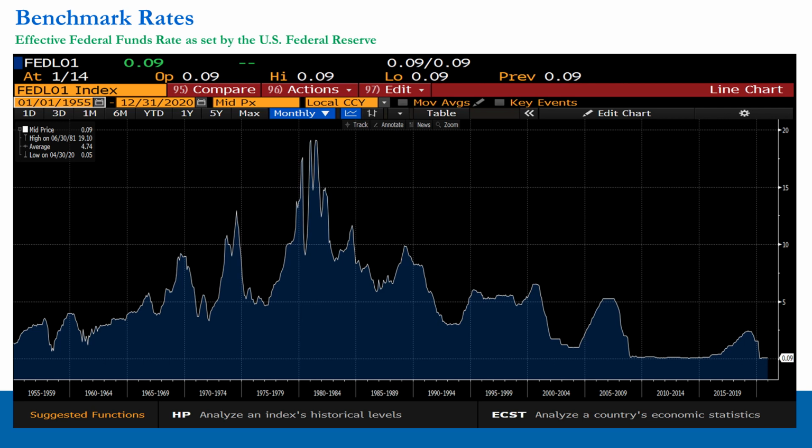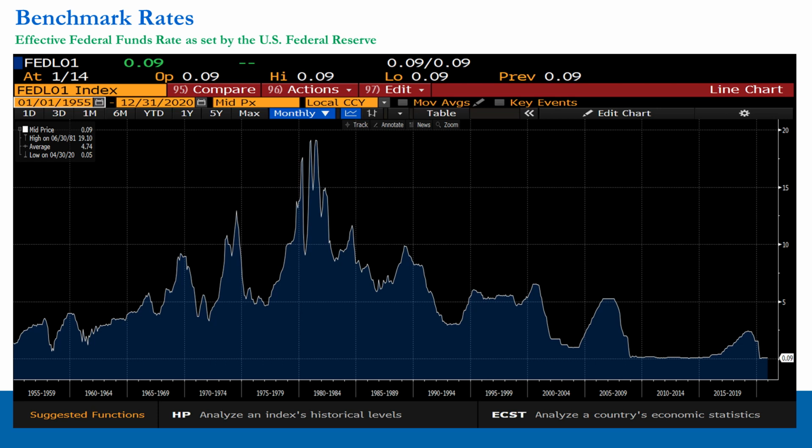So from left to right, we're looking at the official rate since the early 1950s all the way up to 2020. And you can see we have a big rise in rates all the way to the peak in the 1980s. And then since the early to mid 80s, we have the Fed funds rate, the official rate, dropping continuously to the point now where we're essentially at zero. We are at zero official rate.